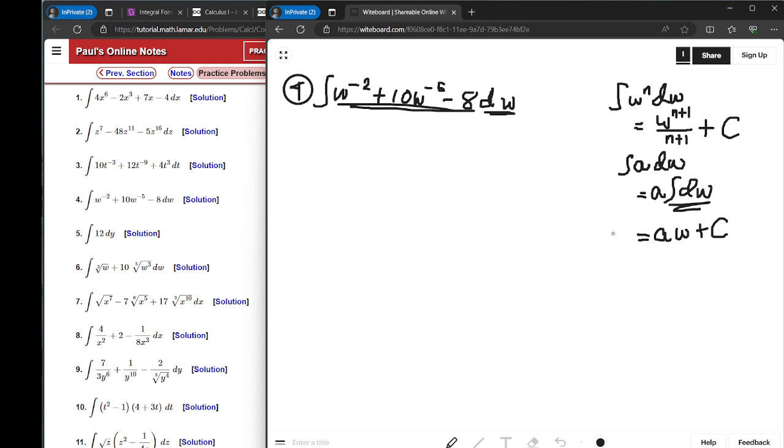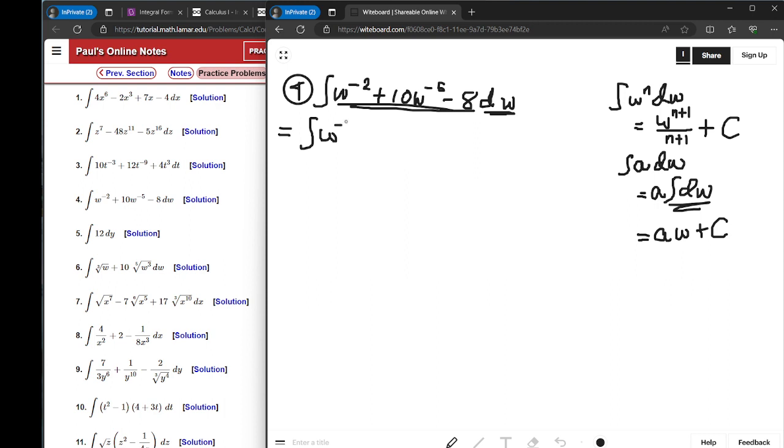So that's it. Now let's go back here to number 4. For me, I'd like to process them step by step, so we'll integrate them separately.